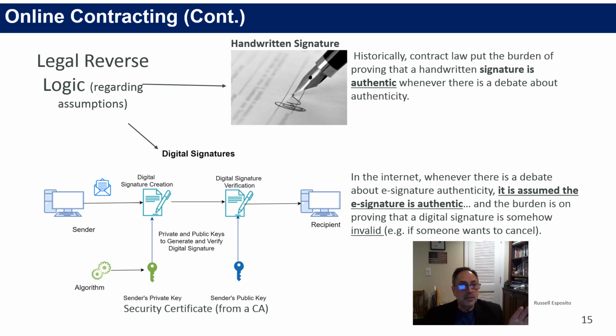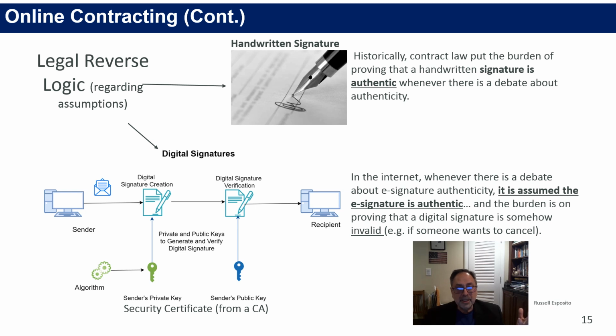So when you see that HTTPS, that little S is telling you that there's a security certificate involved, a third party's provided assurance that this is the right website that owns these keys, and these keys provided from a third party doing the encryption and decryption. So if I'm sending you a contract, I'm going to have a private key.